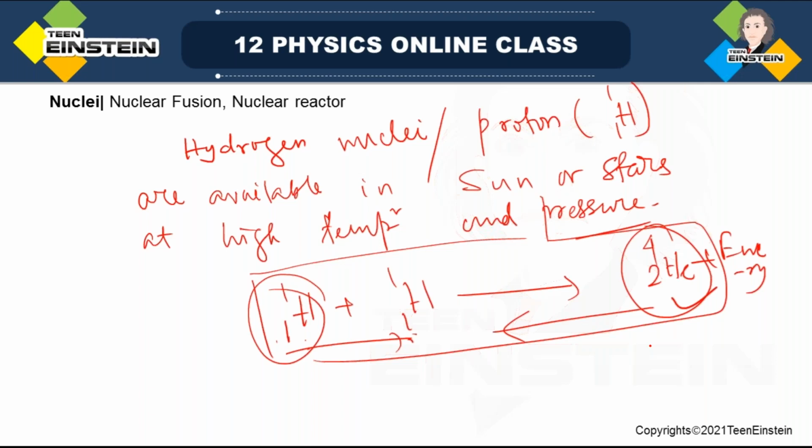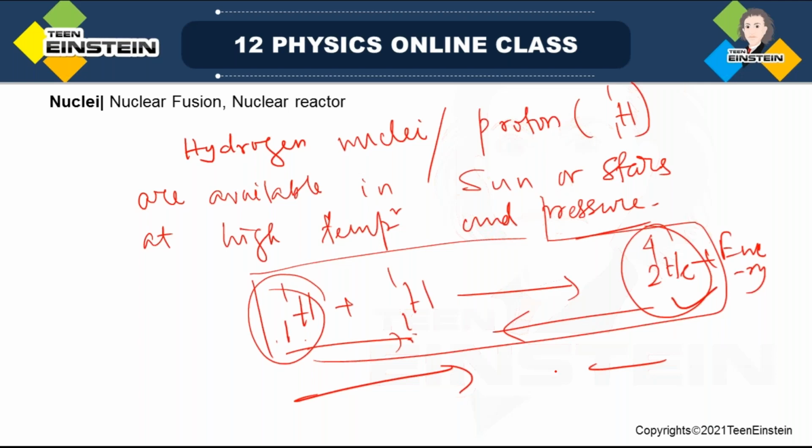During these processes there will be a huge amount of energy release, mainly when two hydrogen nuclei are combined to fuse and make helium. So that is the forward reaction, and this is the main reason for the energy produced in the sun or the stars.